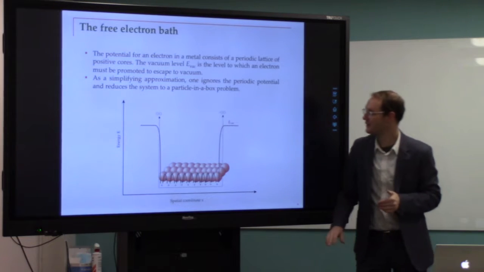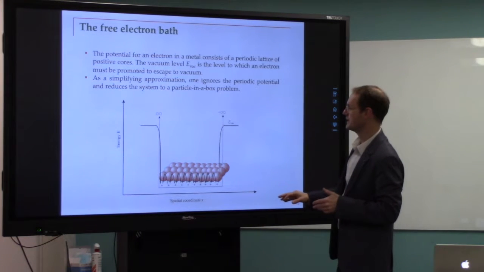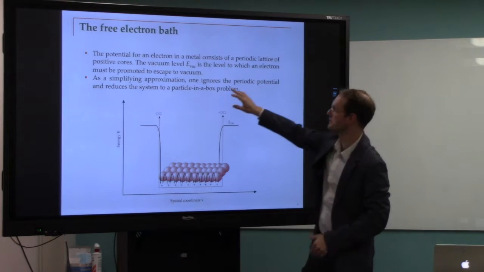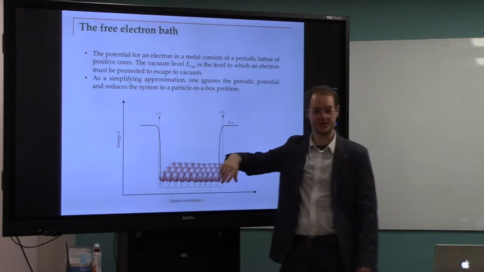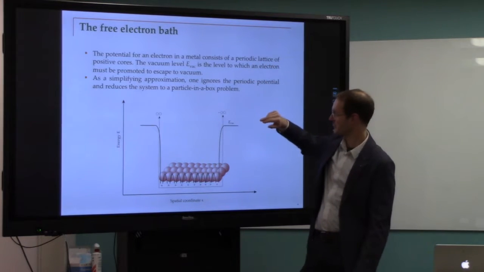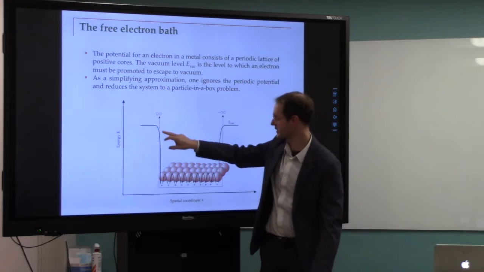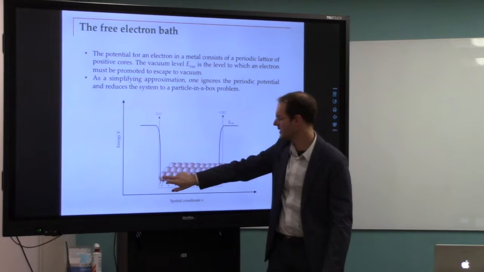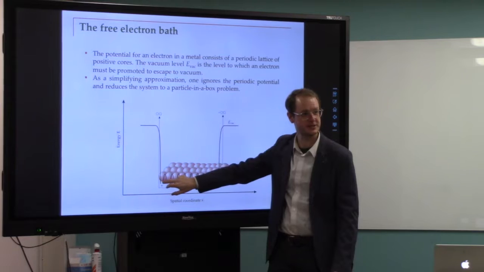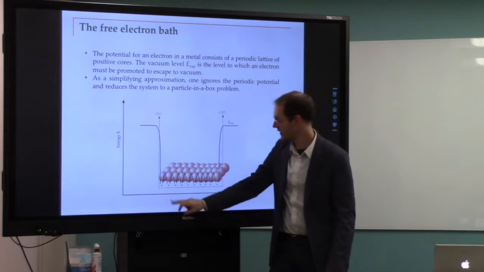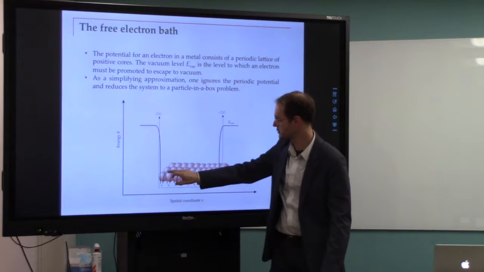Okay, and so if you consider the electrons in a metal, then basically the potential that an electron is experiencing involves a periodic lattice, right? So a cartoon of the potential would look like this black curve, where at each positively charged nucleus the potential drops down, and then between the nuclei the potential increases.